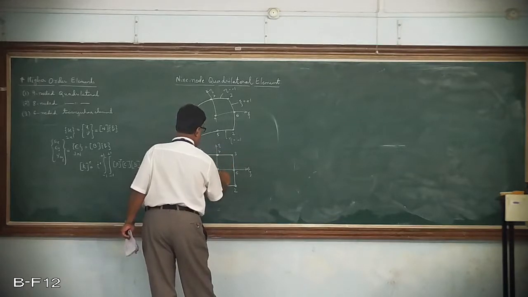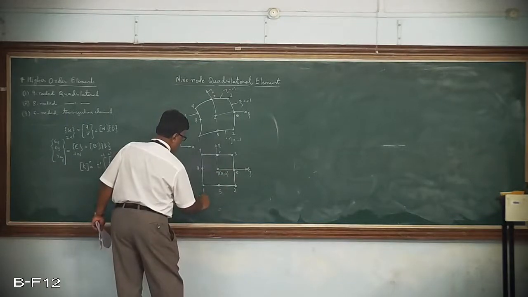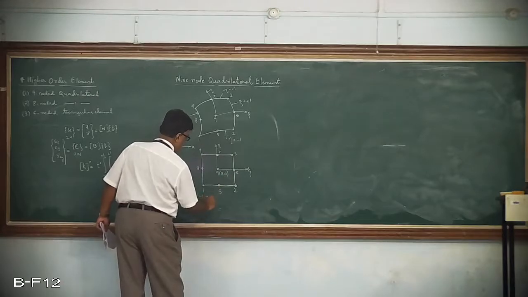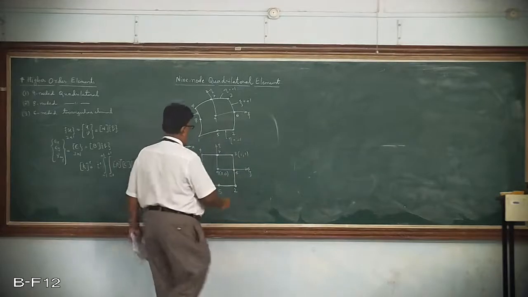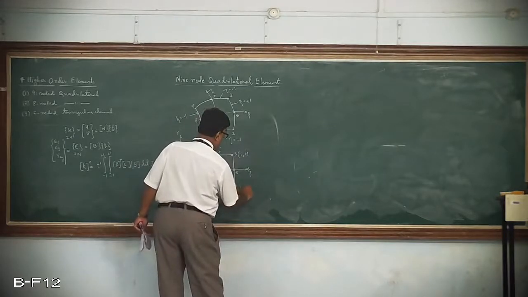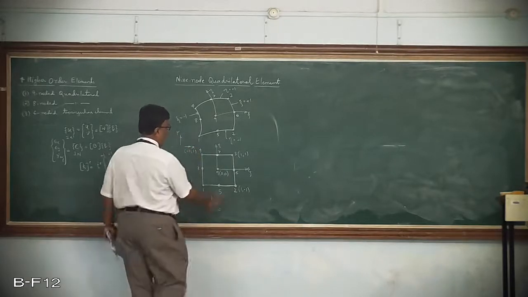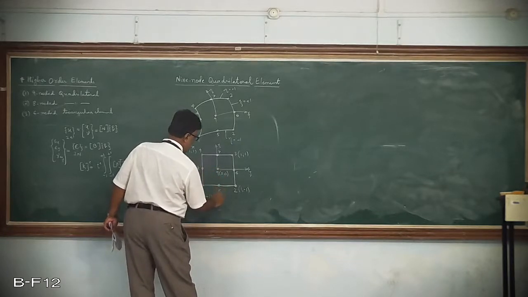See, always this is the origin. This is always -1, -1 here, and this is always +1, +1. Here, this is going to be 1, -1. Here, -1, 1. And when it comes to here, this is along this line. Eta is -1 here, so this is 0, -1.